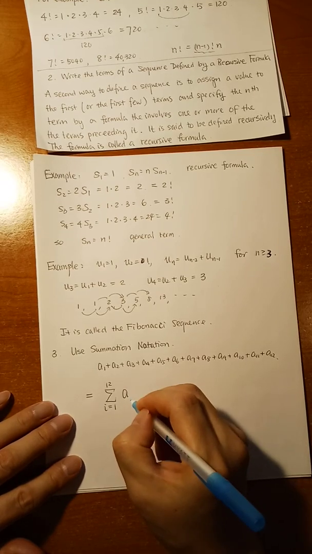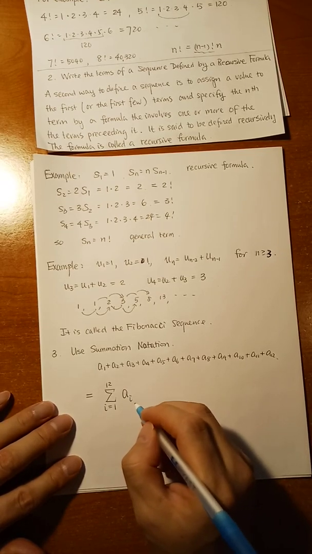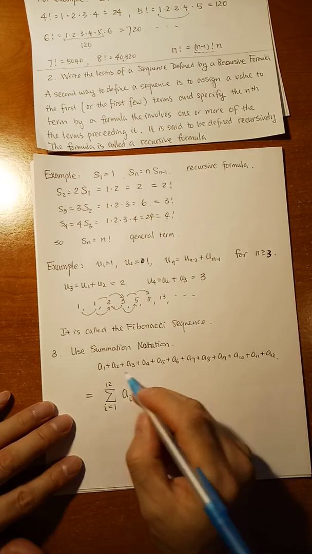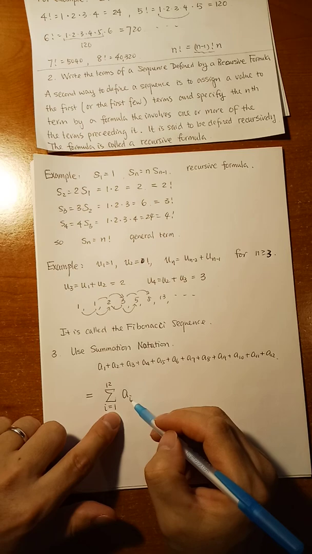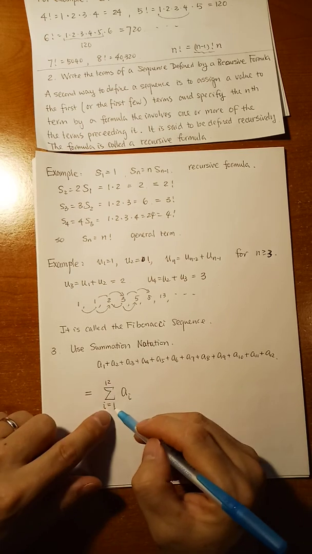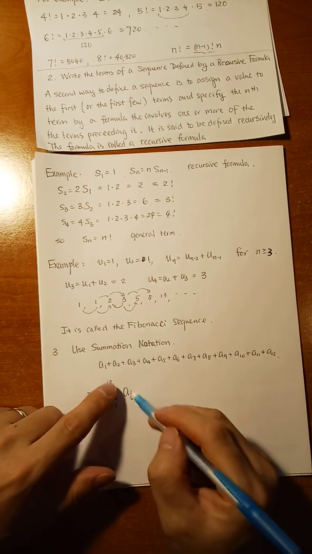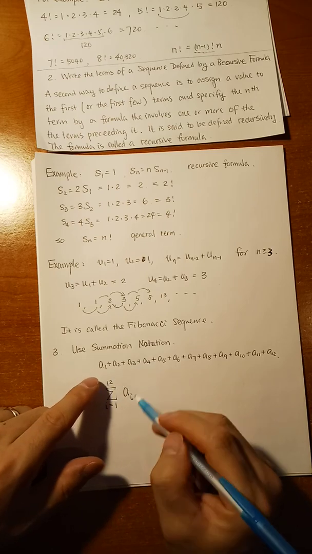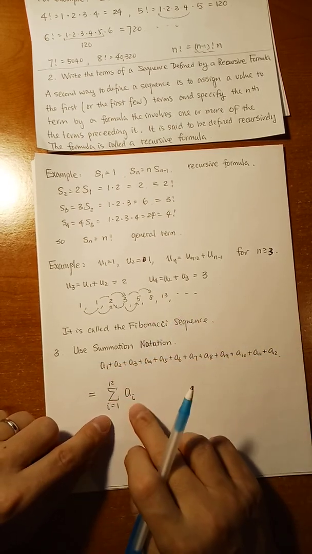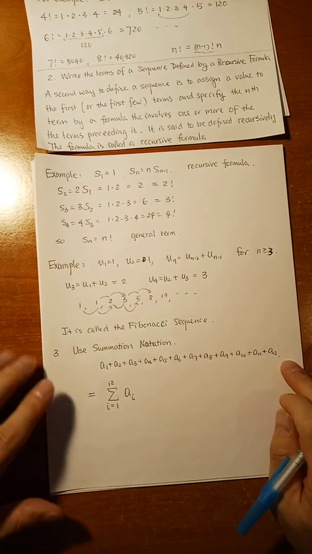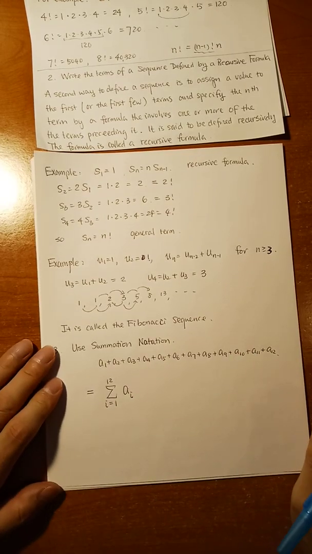And the index appears as a subscript. So this symbol just means you're going to add. Index is 1, is the first term, and then index becomes 2, and you get A2. Index 3 is A3. Index is 12, you get A12, and you add them. So this symbol means this very, very long sum, long expression.